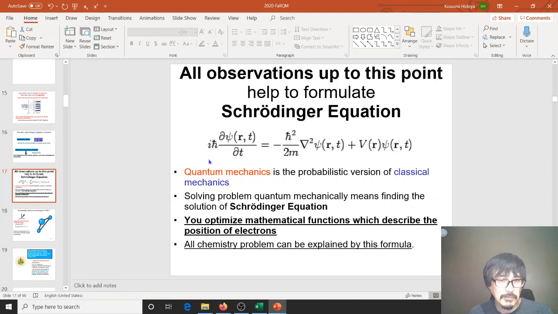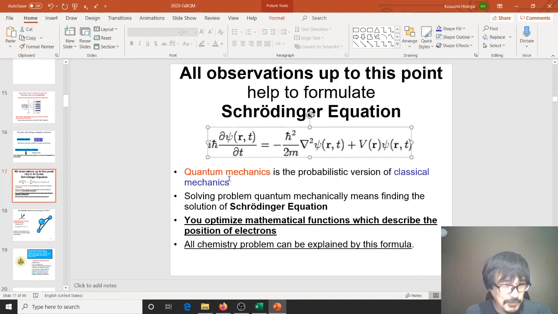So a guy named Schrodinger tried to find an alternative way to calculate the energies. He came up with this awful-looking formula called the Schrodinger equation, and it turns out that this formula is really good. You can find the solution, which is not a number but a function, called the wave function.